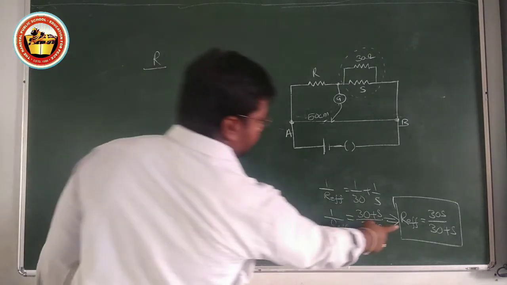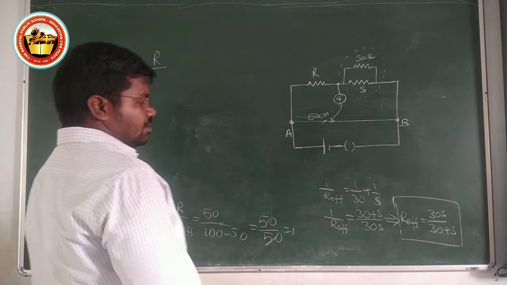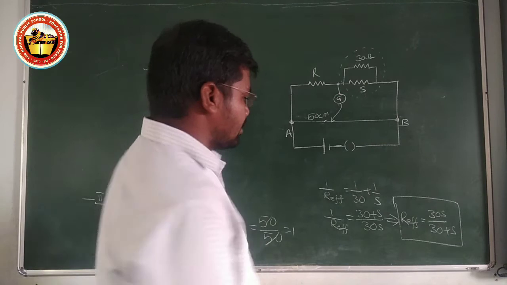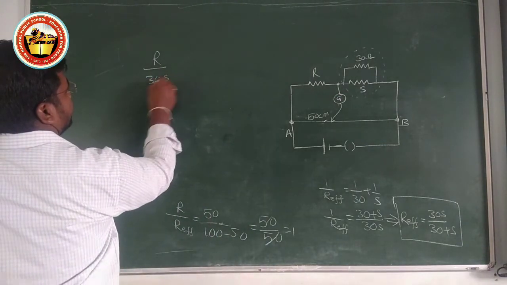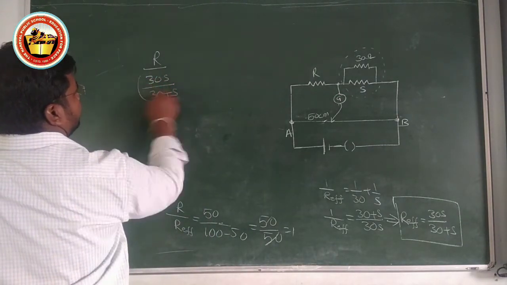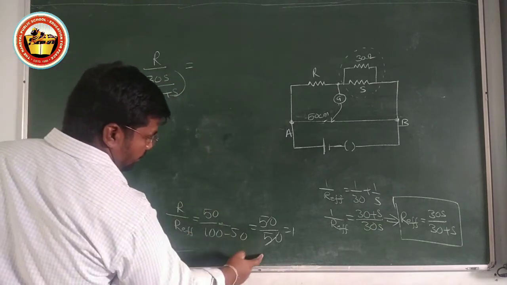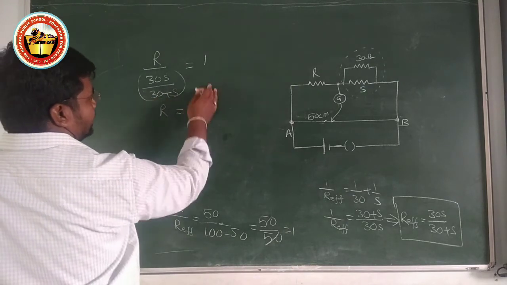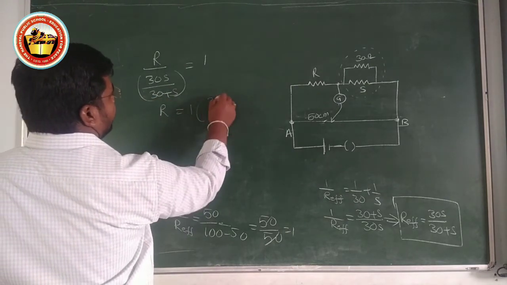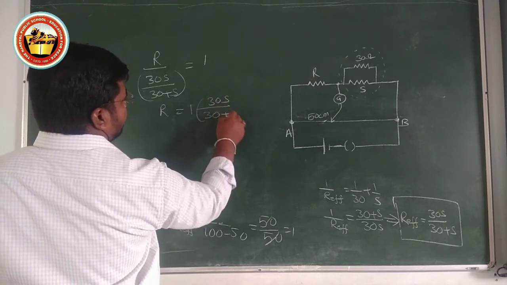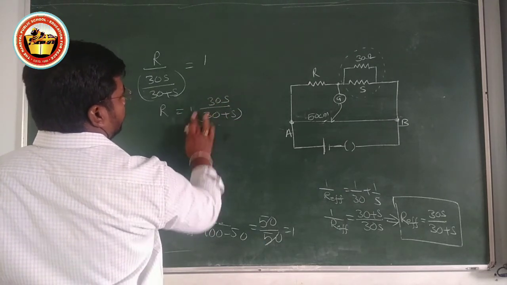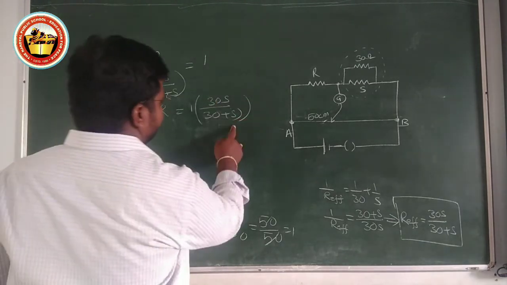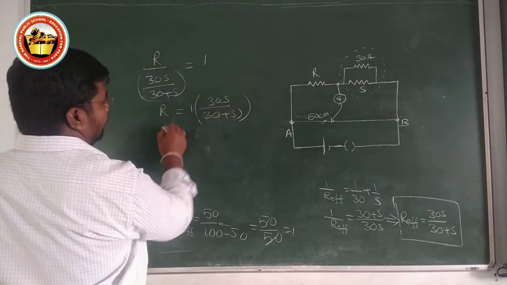R effective is the resultant resistance of 30 ohms connected in parallel with S. So R is equal to 1 into 30S divided by 30 plus S. This S we can send to the left side.